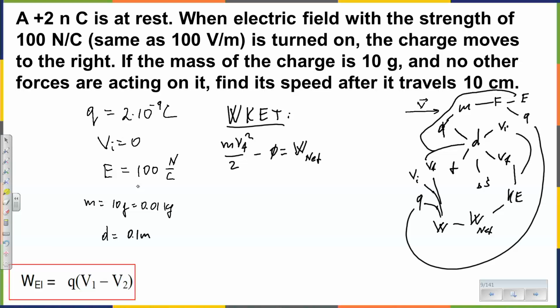But if only one force is acting on it, net work is just the work of that single force. In this situation, that's the electric force. And as we know, electric force does work which is equal to a charge times initial potential minus final potential.